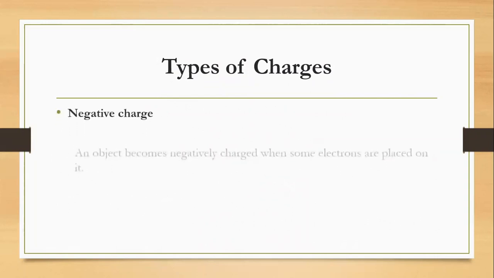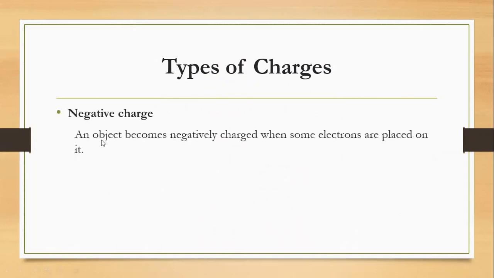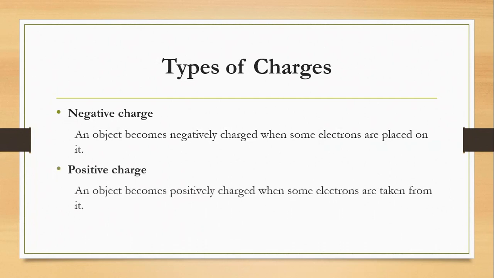Now, next, the types of the charges. We know that there are two types of charges. One is negative charge, the other is positive charge. What are the positive and negative charges? An object becomes negatively charged when some electrons are placed on it. On the other hand, an object becomes positively charged when some electrons are taken from it.